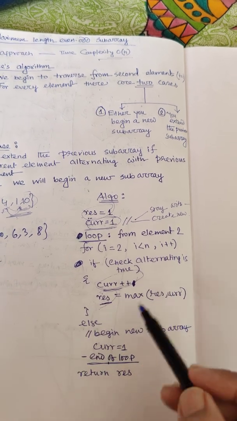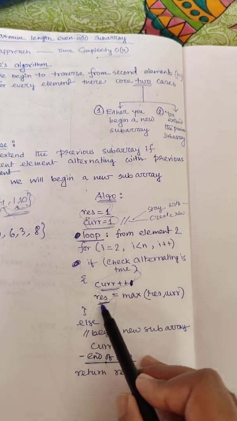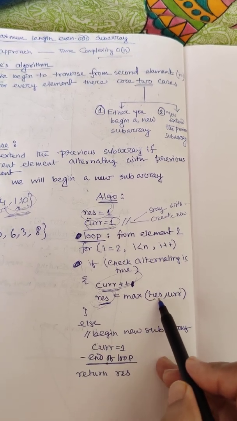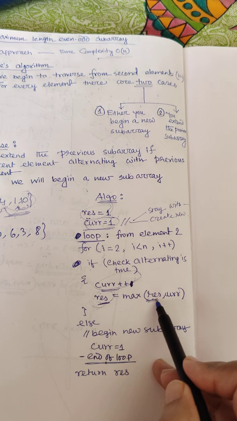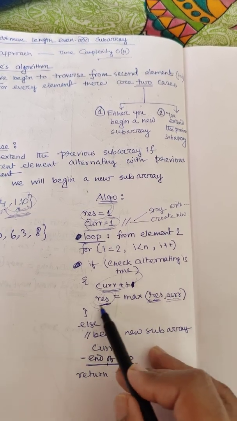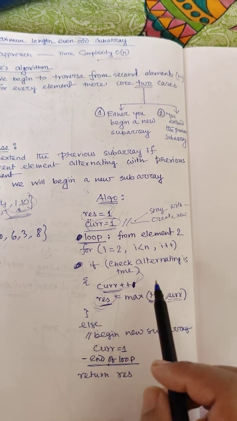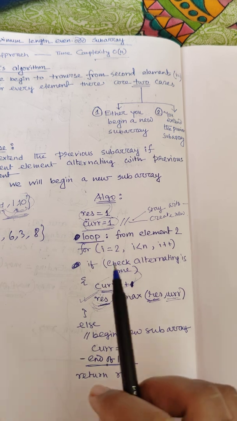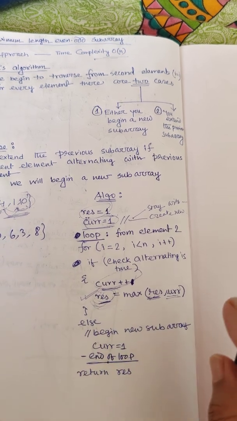The result already has some previous value of its own, so it compares its previous value with the current index value, gets the maximum one and stores it. So this is going to be an updated result for any index, right?